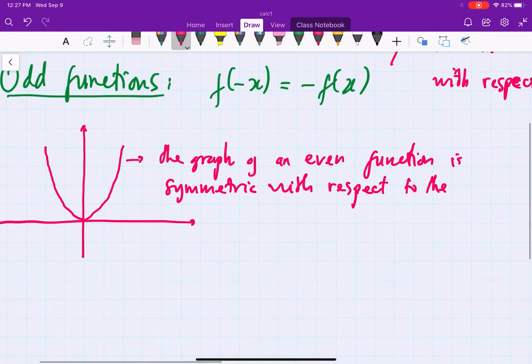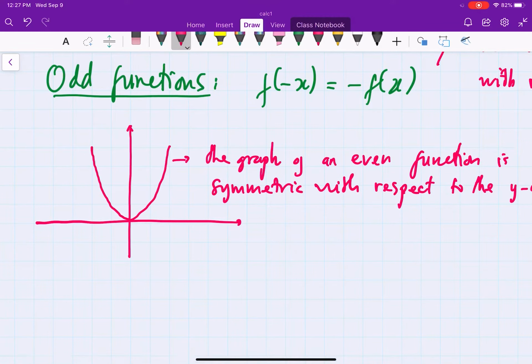So if you want to integrate the function, let's say from negative a to a, you can see that in this case you have the area of the region enclosed by the graph of the function, the straight lines x equal to negative a and x equal to a, and the x-axis.